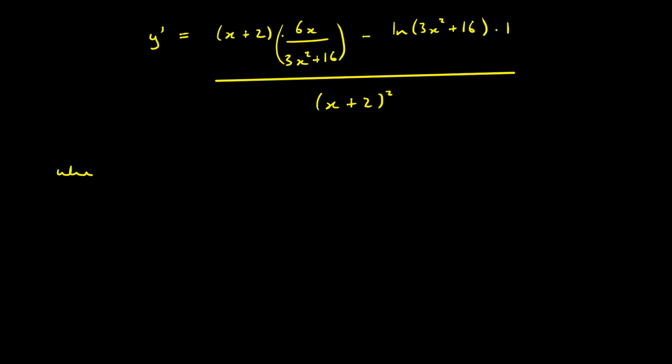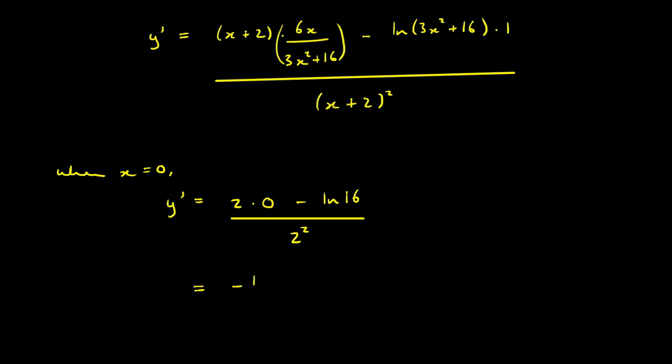So when x is equal to 0, y prime is going to be equal to 0 plus 2, which is 2, times 6 times 0, which is 0, so it doesn't actually matter what's on the denominator. Totally irrelevant. Next, we've got ln(3 times 0 squared plus 16), so it's ln 16, times 1, so no change there, over 0 plus 2 squared.